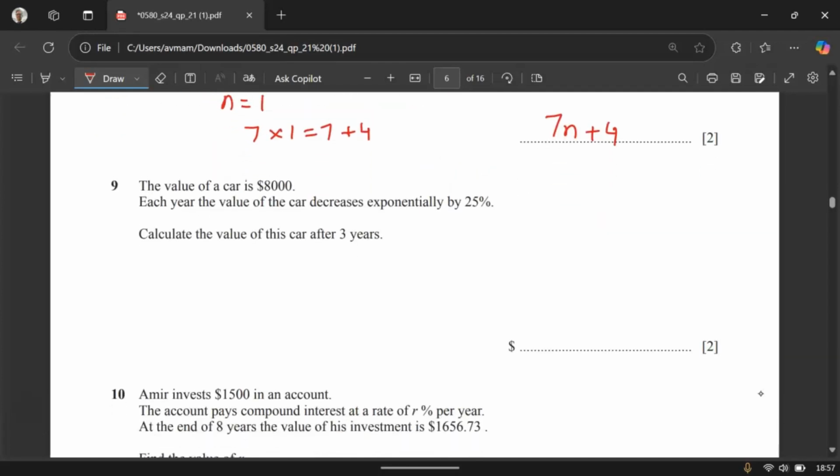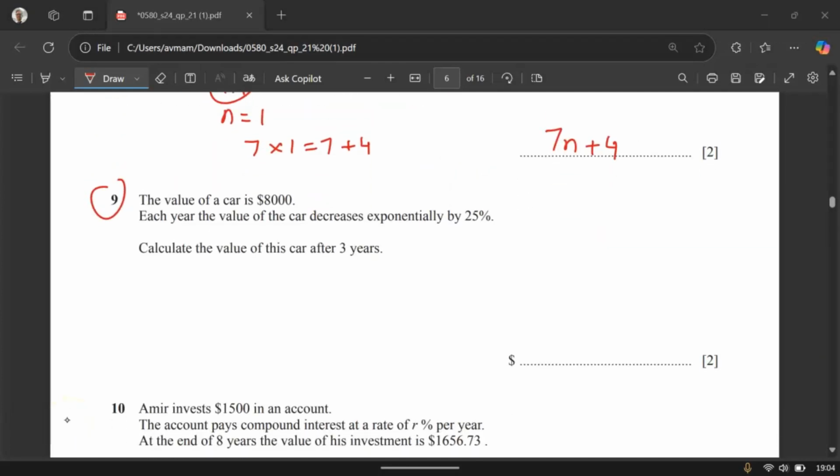Question number 9. The value of a car is $8,000. Each year, the value of the car decreases exponentially by 25%. Calculate the value of this car after 3 years. Now, you can use the compound interest formula in this case. The only thing is you need to put minus instead of plus.